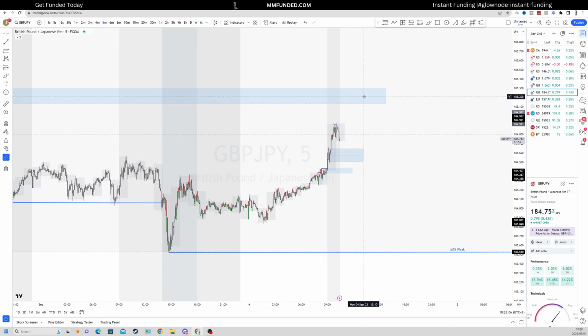We can then cover USD CAD and BTC USD. Okay, USD CAD.